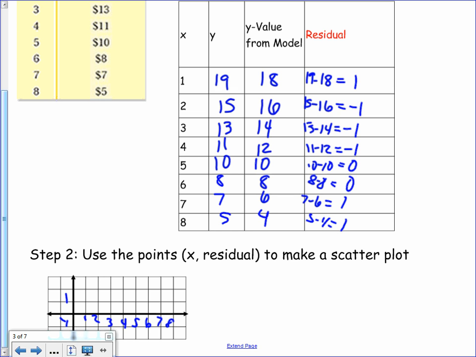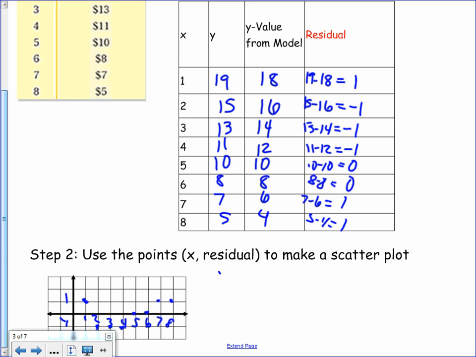So the points are 1, 1; 2, negative 1; 3, negative 1; 4, negative 1; 5, 0; 6, 0; 7, 1; and 8, 1. We can see from our scatter plot now that the points are randomly dispersed about the horizontal axis.